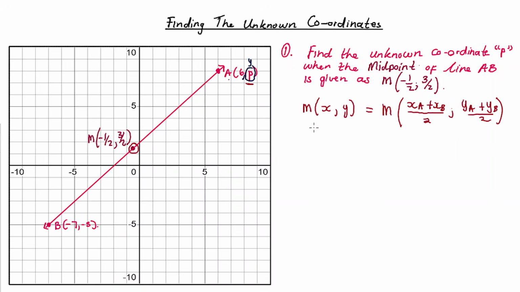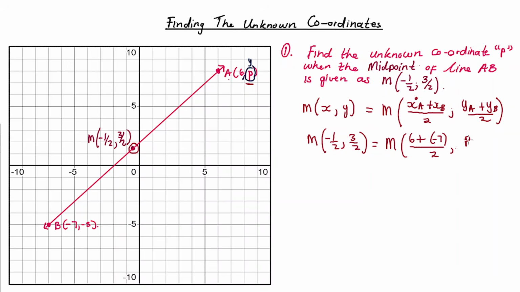Okay, so here I have the midpoint as negative 1 over 2, and the y as 3 over 2 equal to M, and then what is XA? XA is 6 plus what is XB? That's negative 7 over 2, and then y is what?